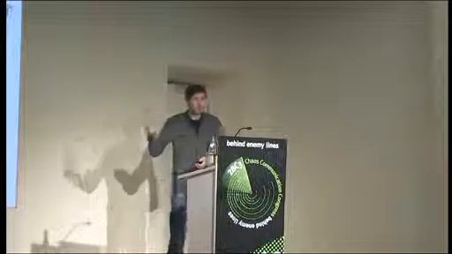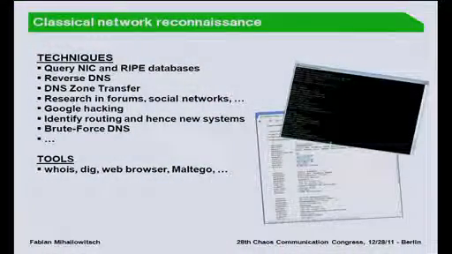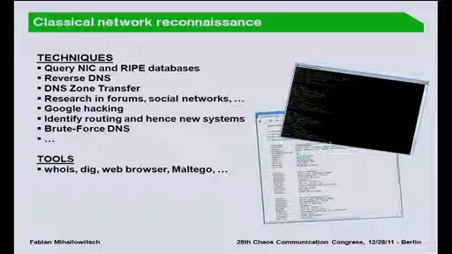Or you could brute force DNS names and all that kind of stuff. That's nothing new. That's been there for years. We used it to identify targets if we have a company in scope, and you have tools like standard Linux tools, Whois, Dig, all that kind of stuff. Maltego, which is a pretty nice tool and sums up all the tasks in one simple to use tool in which you can perform all the tasks with just a few clicks.